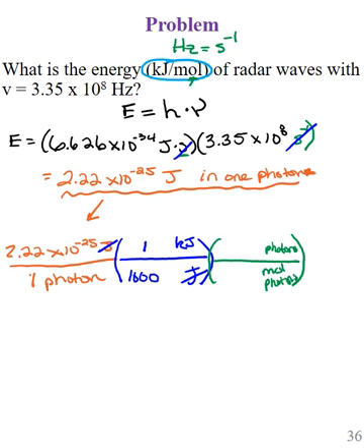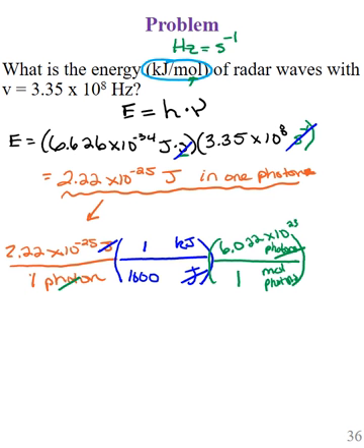What is this relationship? For every 1 mole of photons, we have Avogadro's number. So photons cancel off, and now we're going to be left with moles.